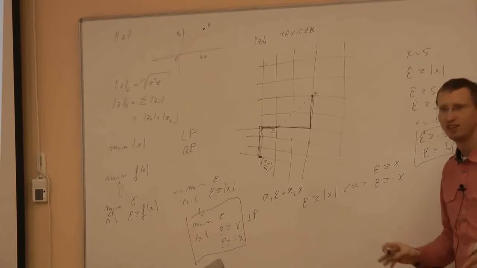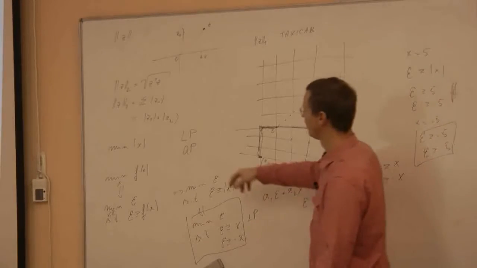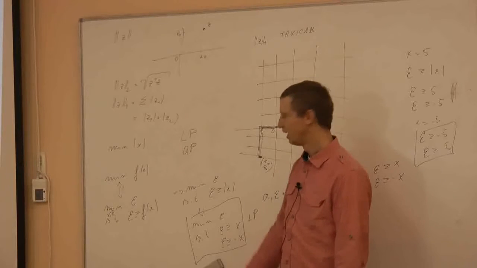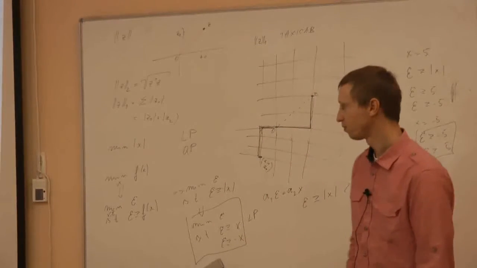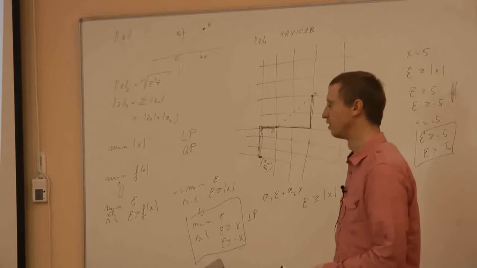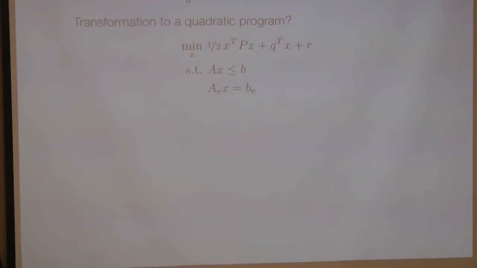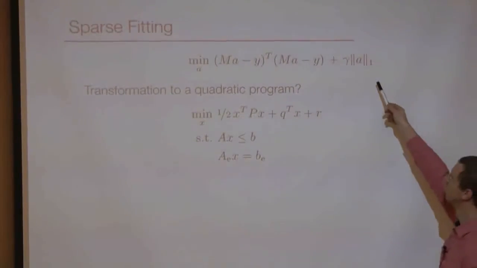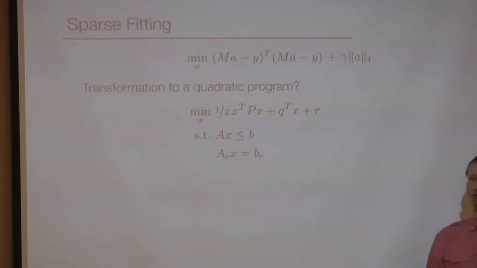So it's a rather straightforward trick which allows us to rewrite a problem which originally was not a linear program into a linear program. And then all we need to do is to introduce this epsilon variable for the one norm and include it in the quadratic optimization problem.